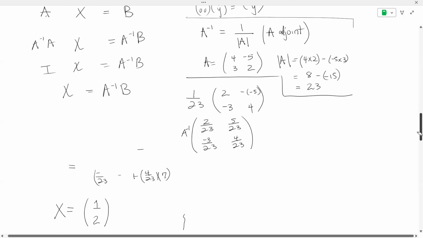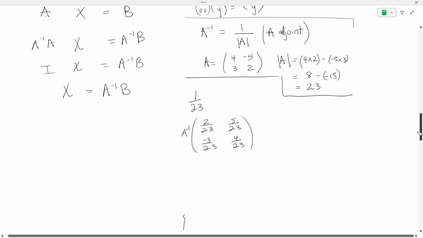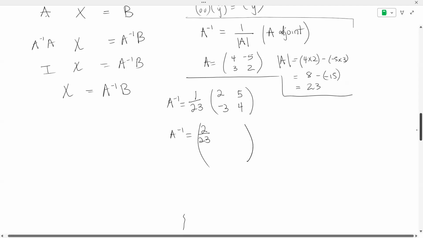Now, that will be 1 over that determinant by A adjoint, and A adjoint, remember A is [4, -5; 3, 2], so it's going to be [2, 5; -3, 4]. Then we do the scalar multiplication, which will give us 2 over 23, 5 over 23, negative 3 over 23, and 4 over 23. And that's the A inverse right there.